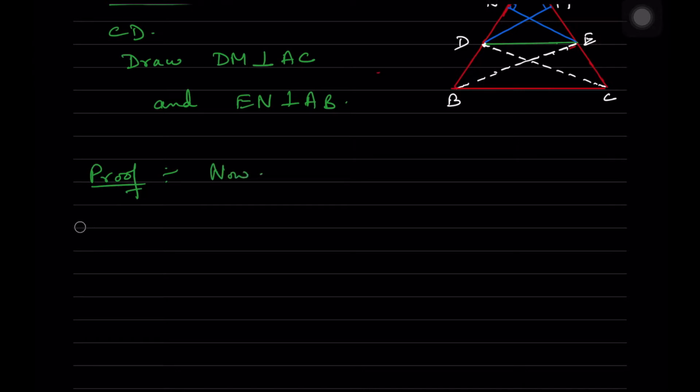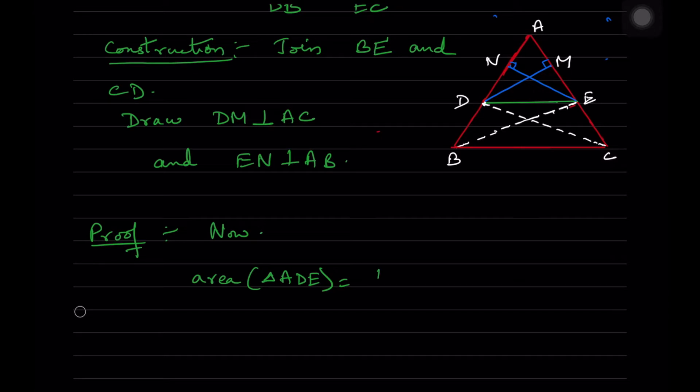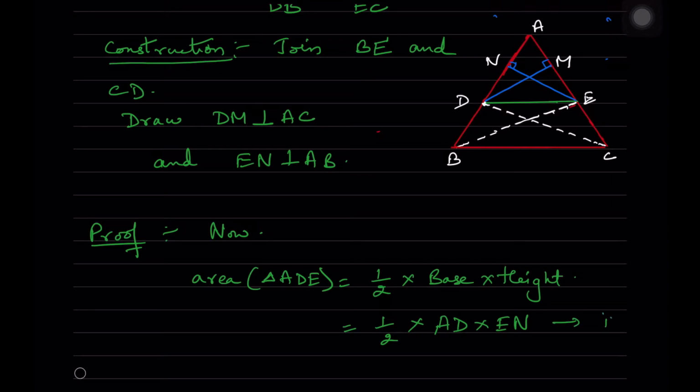Now, area of triangle ADE is equal to half into base into height. From this figure, what is the base over here? ADE is this triangle, so the base you can take as AD, and the height will be EN. Take this as the first equation.